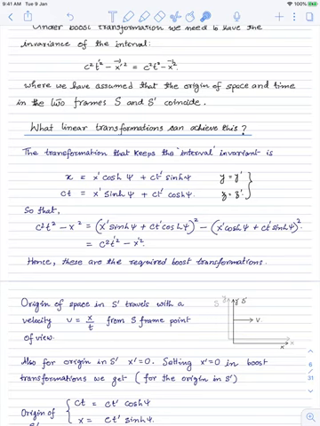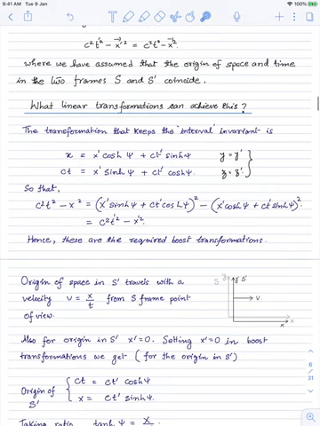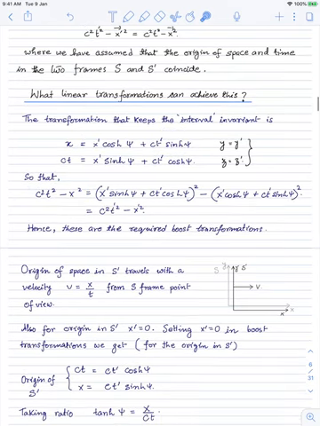Okay, so this difference makes it work, because you see, if I start with c square t square minus x square and then substitute this thing here, if you follow the algebra, you will have a cosh square minus sinh square in ct prime square. That is going to give you 1.